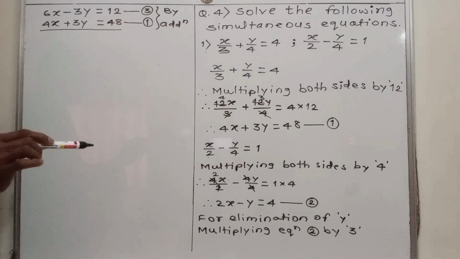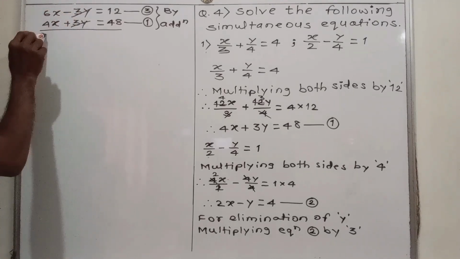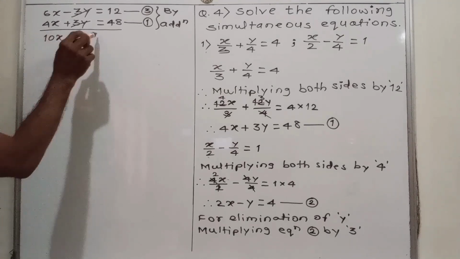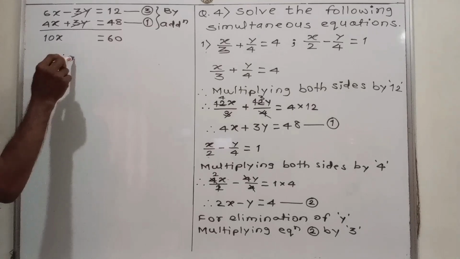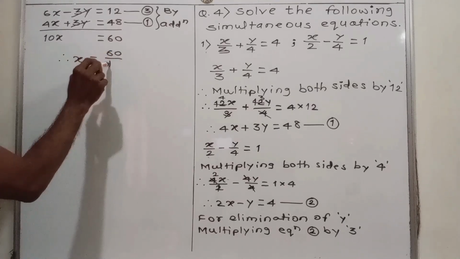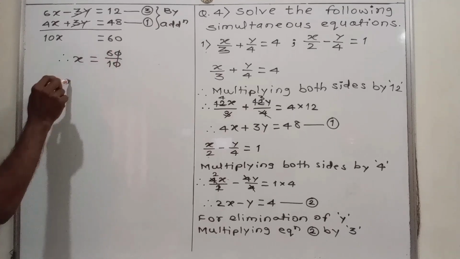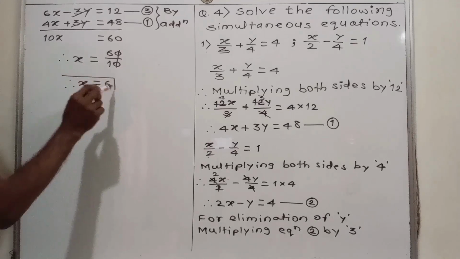Equate them first. Now, these are cancelled. Therefore, 10x is equal to 60. Therefore, x is equal to 60 upon 10. Therefore, x is equal to 6.